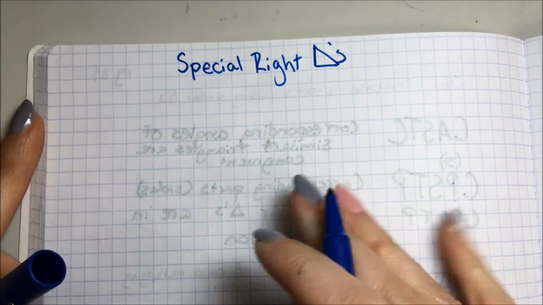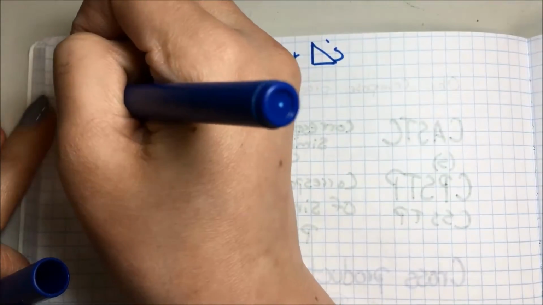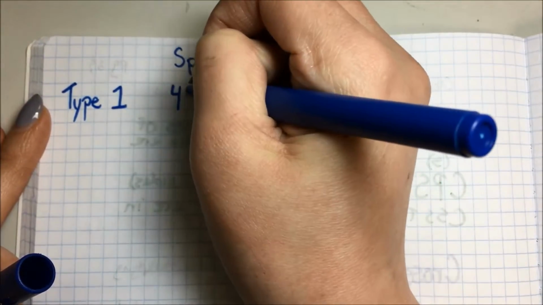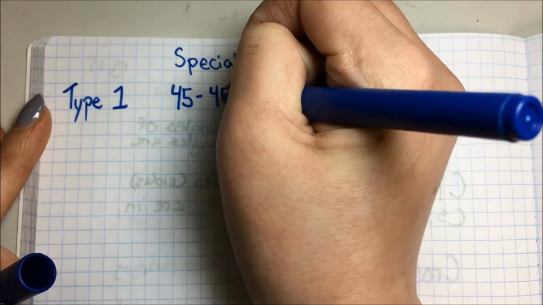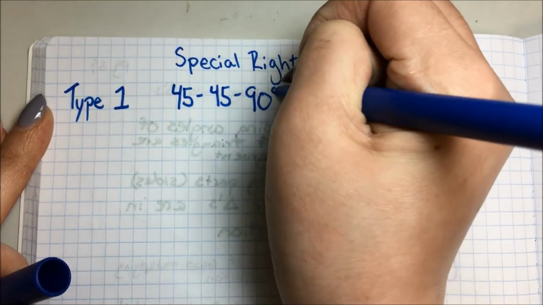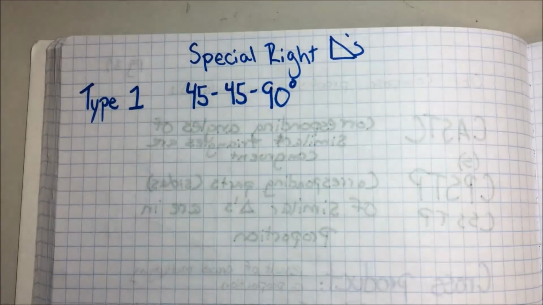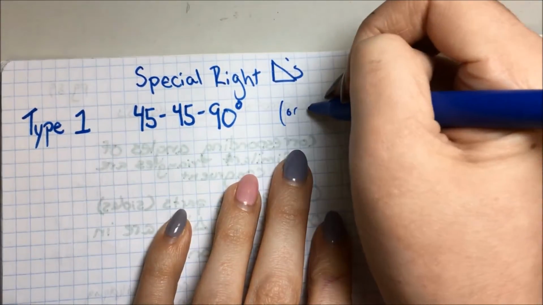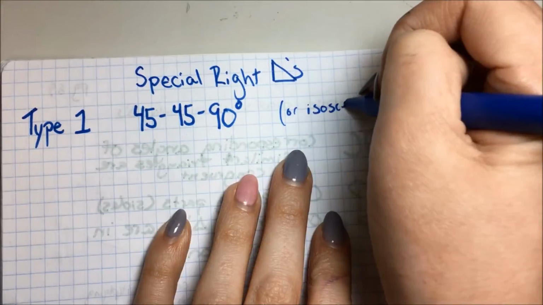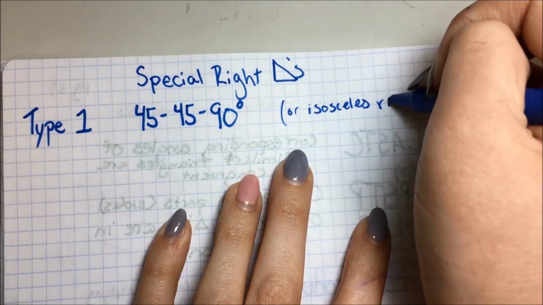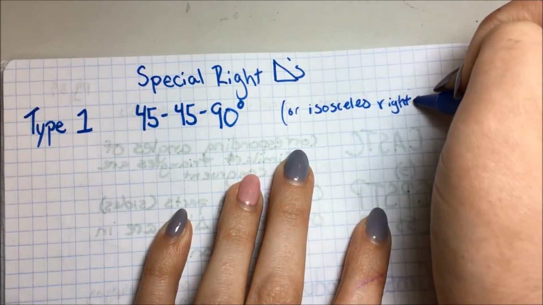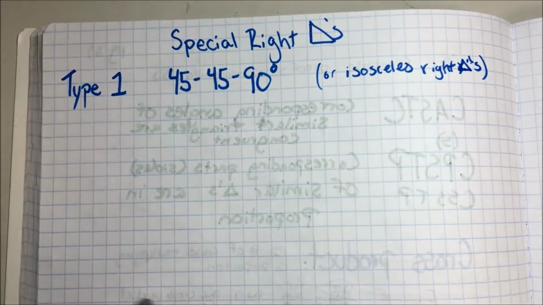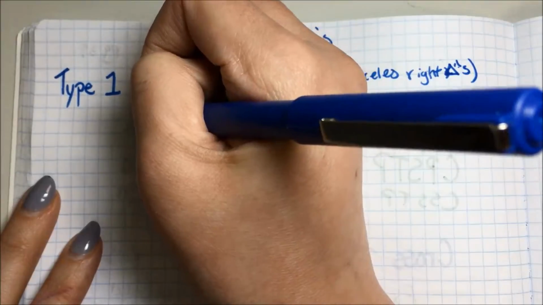The first type of special right triangles are the 45, 45, 90 right triangles, or the isosceles right triangles. So I'm going to draw a picture of what these might look like.